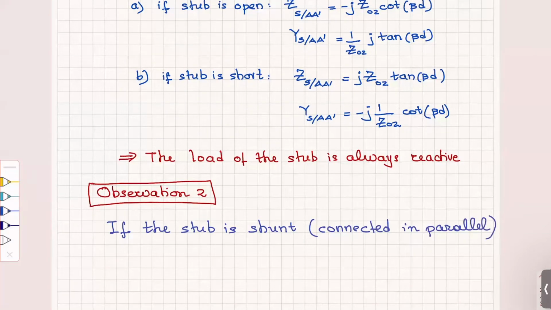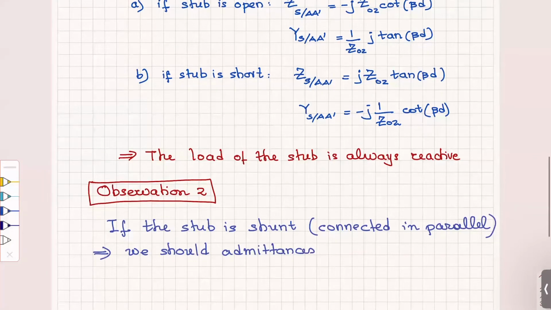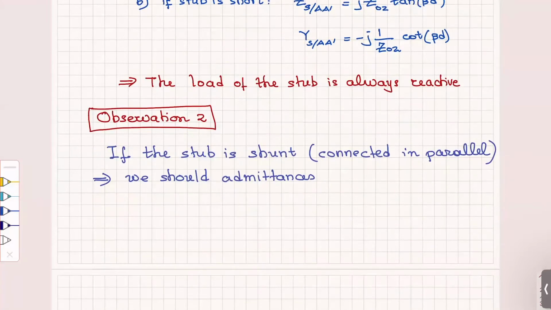then we should work with admittances. Why is that? Because when we have a parallel combination, the admittances add up, all right? So shunt, admittances. 2.